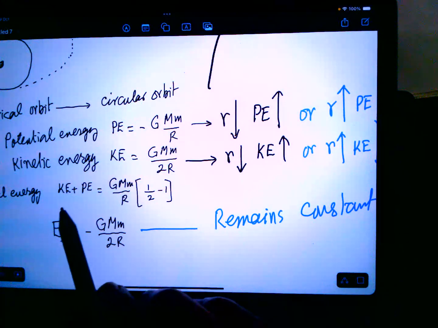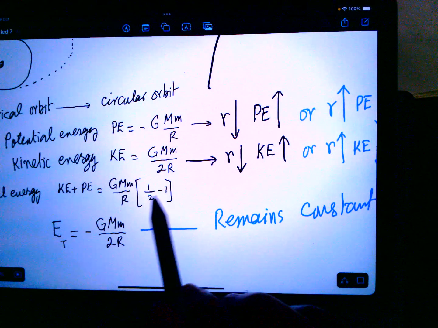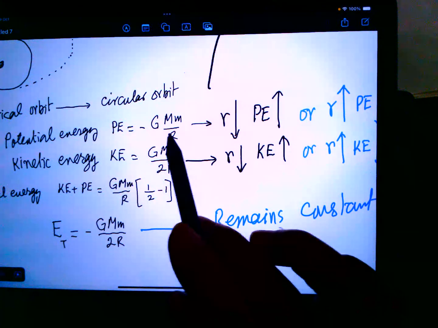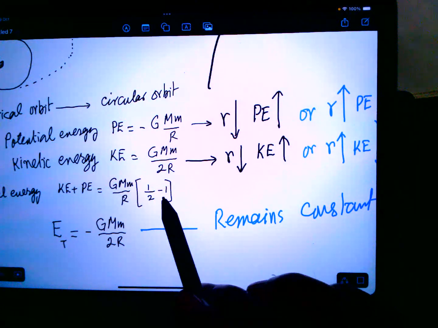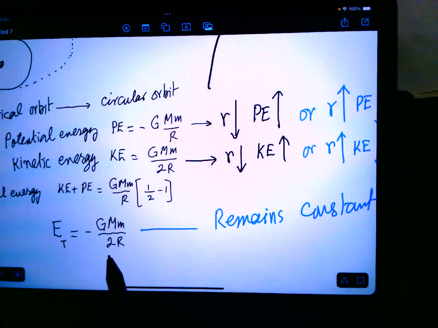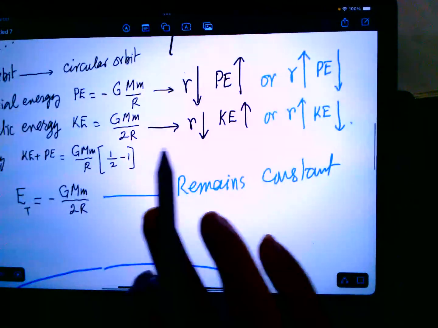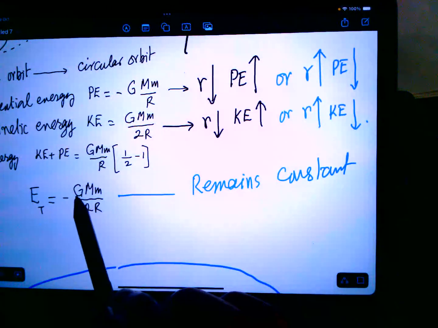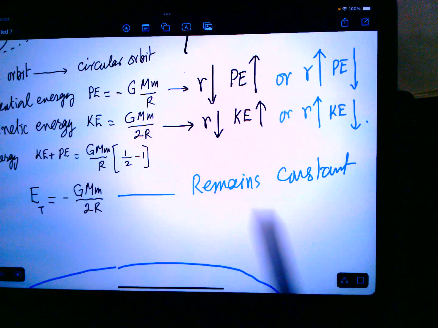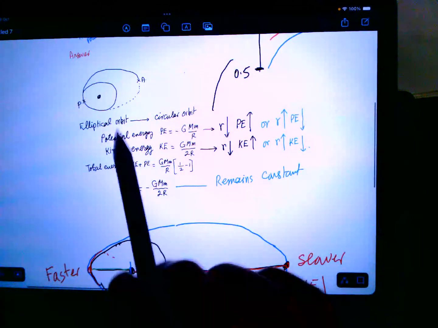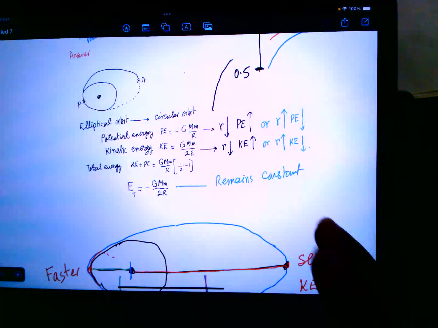The total energy is the kinetic energy plus potential energy, which is GMm over 2r minus GMm over r, so that is minus GMm over 2r, and this remains constant if r is constant.